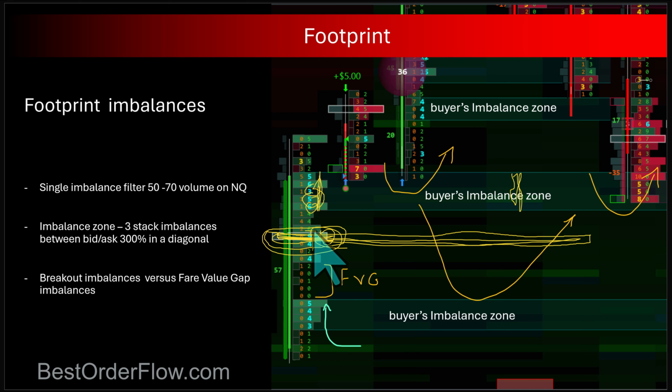But let's say this is only one single imbalance, and usually it creates a POC. I do 70 on the NQ, 70 or 50, depending on the session time, and it's really working well. So we do have settings for this single imbalance, and the POC plus single imbalance in the same spot works like magic.